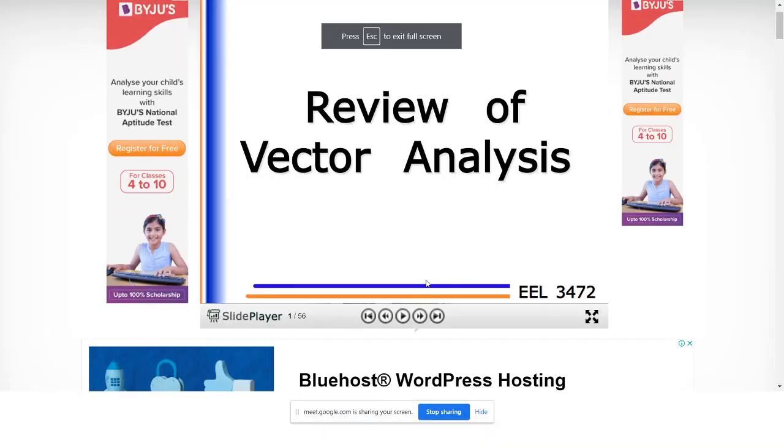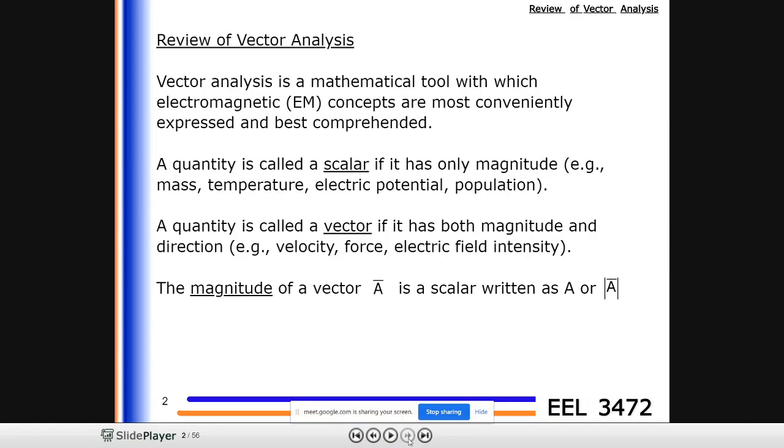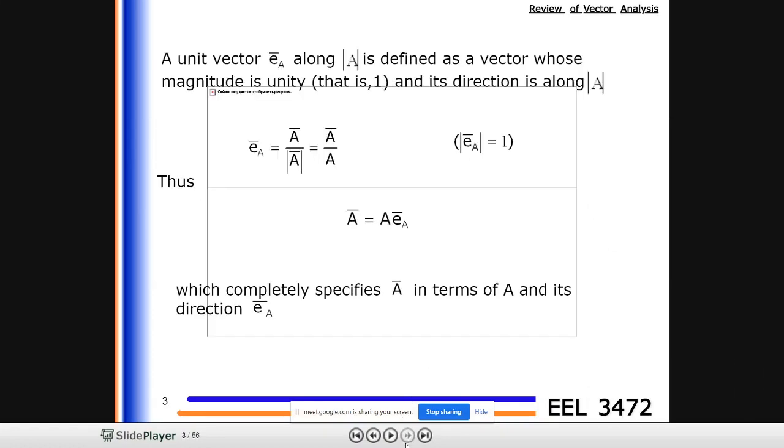So that we have seen. Here, the unit vector is written like this, EA vector, but what we follow is the cap. The unit vector is equal to the given vector divided by its magnitude, or the given vector we can write as the magnitude and the unit vector separately.